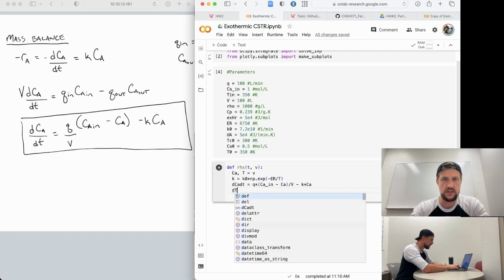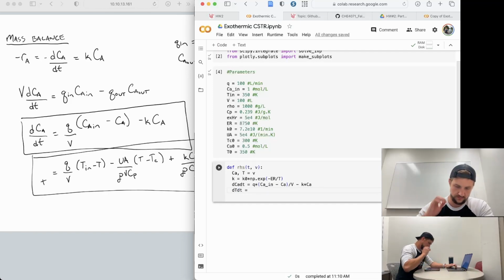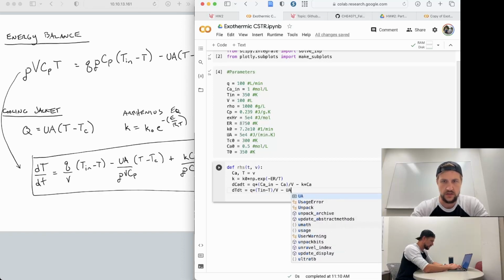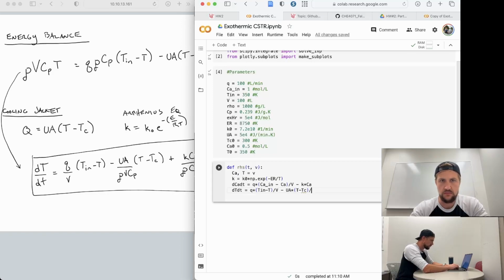Okay, now our dT/dt equals Q times Tn minus T divided by V, minus UA times T minus TC, and then divided by rho times V times Cp.